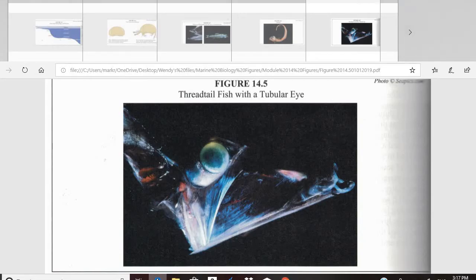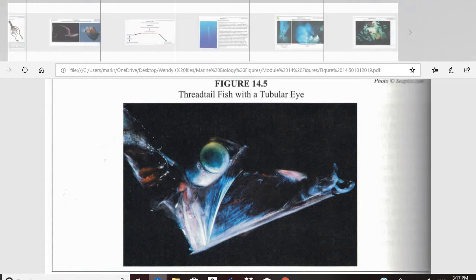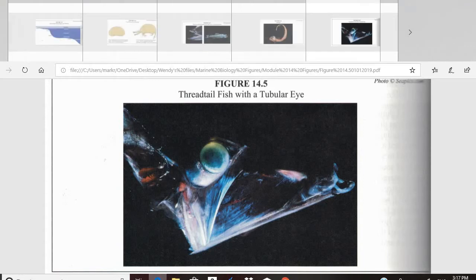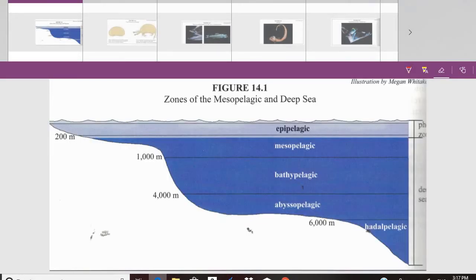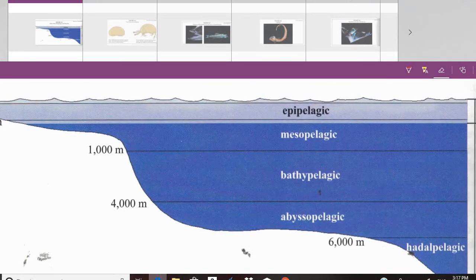So with regard to the pressure changes, the deep sea is divided into bathypelagic, abyssopelagic, and hadopelagic.